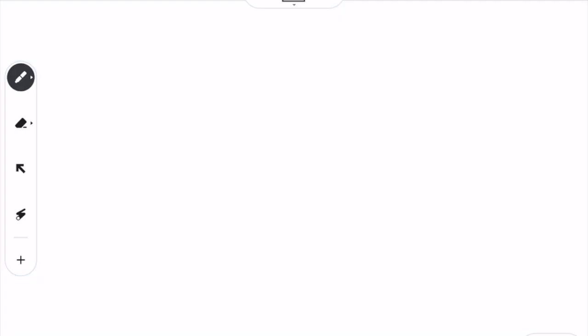Let us take one example of a spring. This is a spring with two ends, let us number them 1 and 2, and it has some behavior that we have to know.